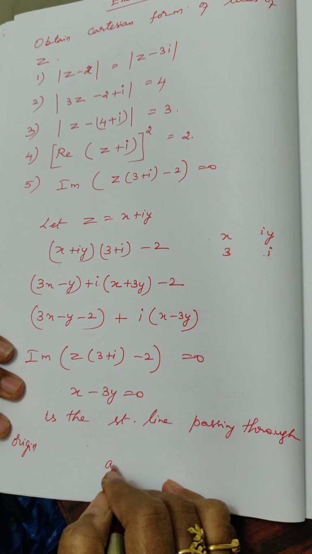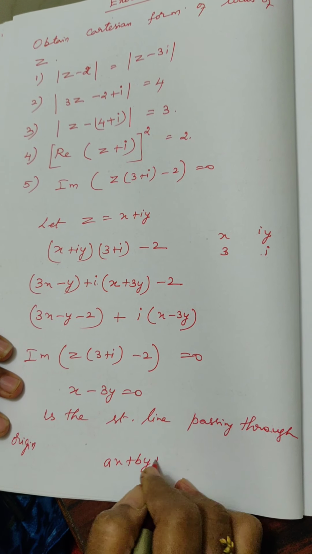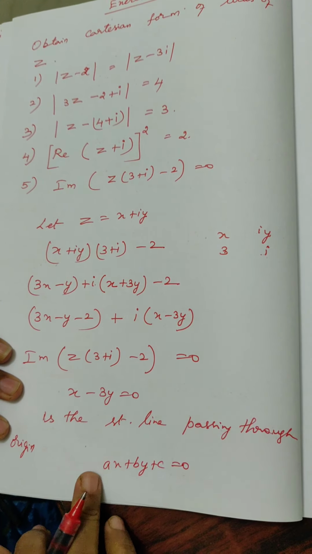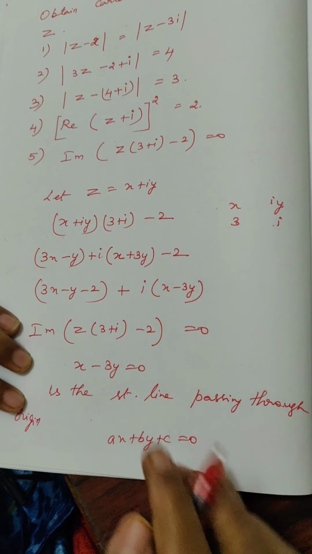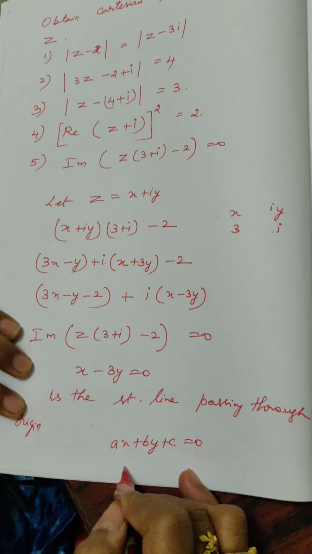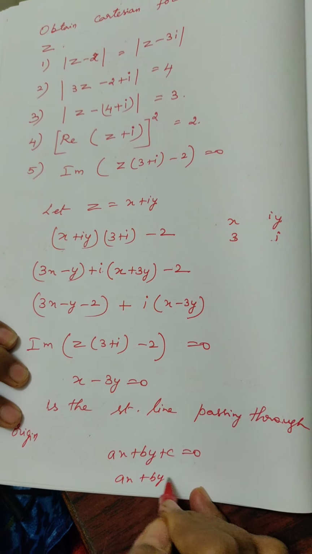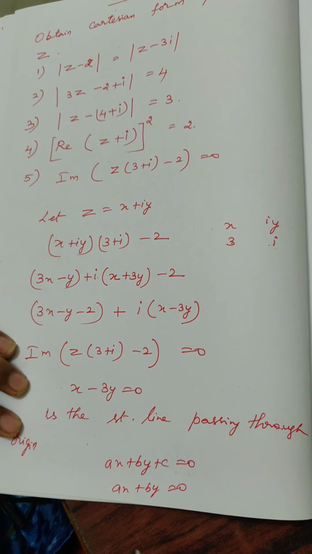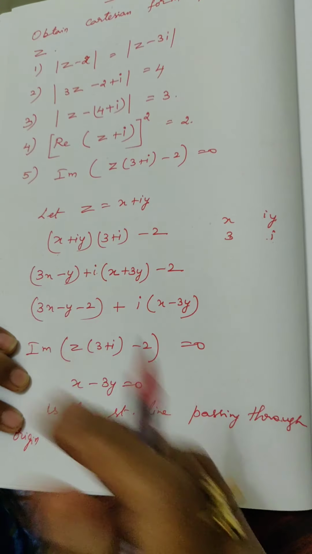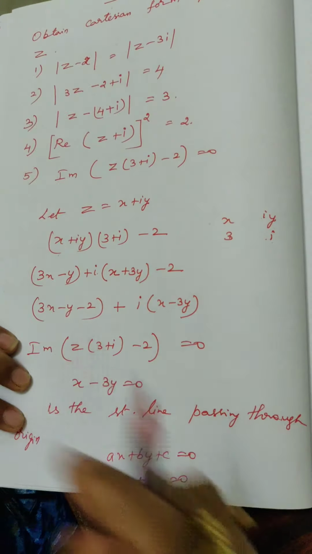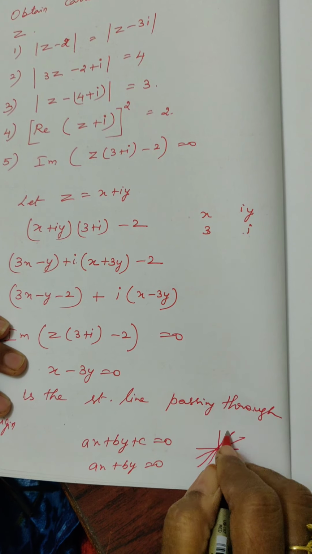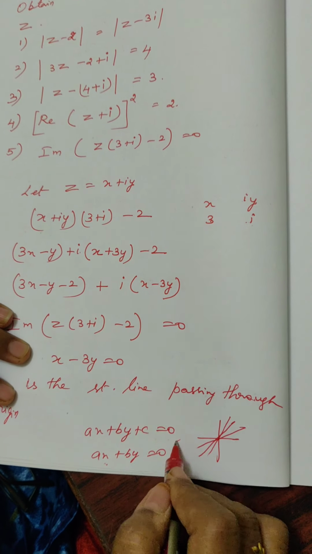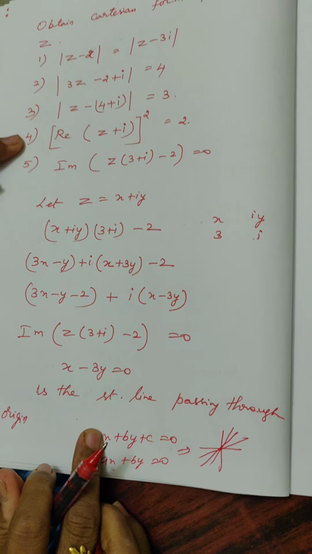Please note this: all straight lines are of the form ax plus by plus c is equal to 0. Suppose there is no constant in this equation, ax plus by equal to 0. If there is no constant, then the y-intercept is only the origin. So all such straight lines pass through the origin. Is it clear now? So in this way you have to do the fourth sum.